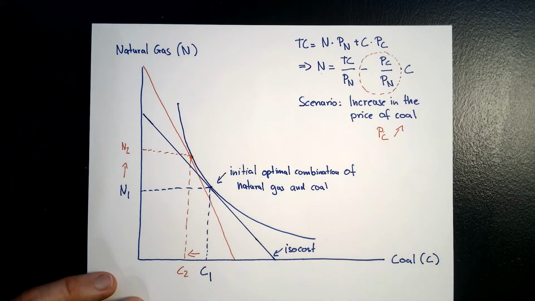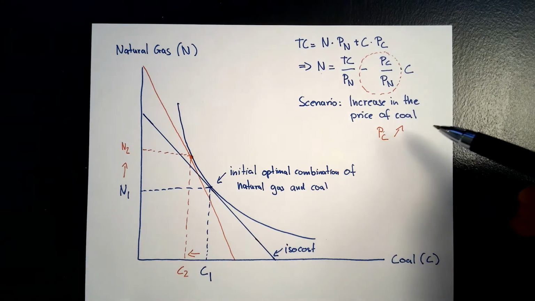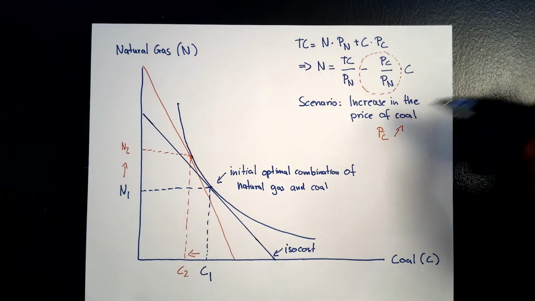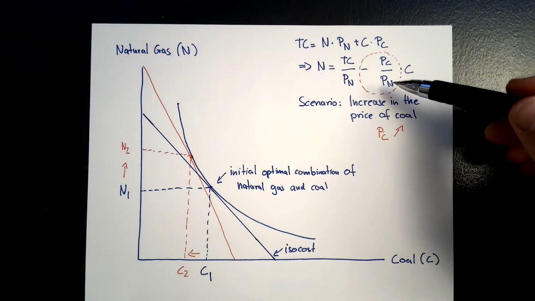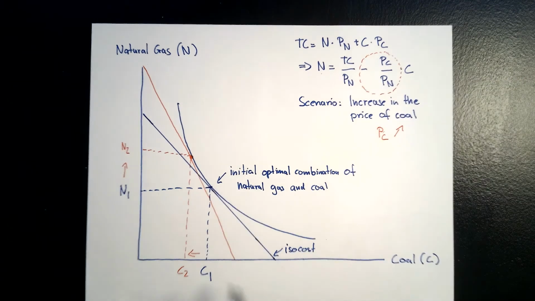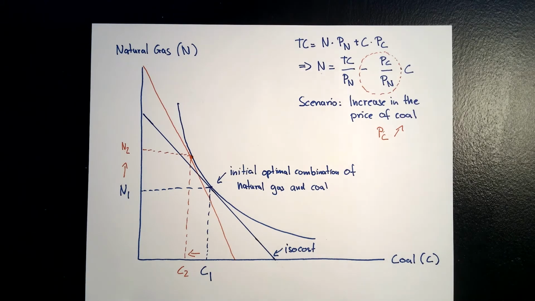Intuitively, the model is correct because the price of coal is increasing, so it gets relatively more expensive compared to natural gas. And hence, we are moving away from coal and using more natural gas. So the model which we have developed in this section correctly predicts what happens when we have a change in the input prices.